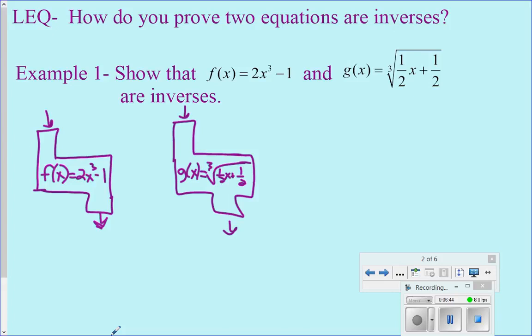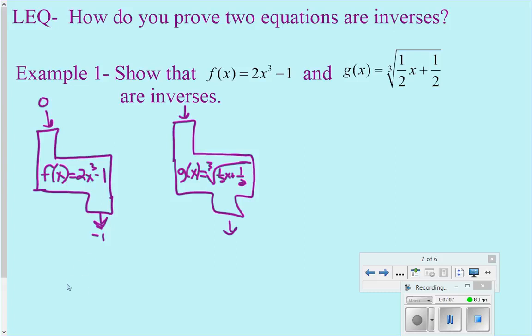So if I'm thinking about inputs and outputs for this first function f of x, let's just say for a moment, let's put 0 in. So when I put 0 in as an input, I'm getting -1 as an output. Well, if this other machine, g of x, is the inverse of f of x, well, we know what inverse means.